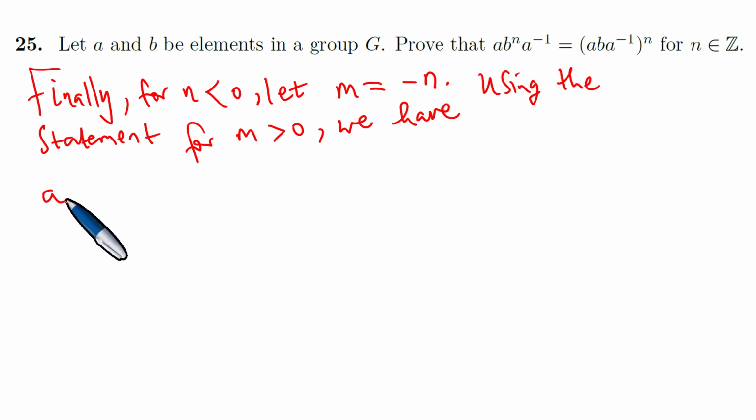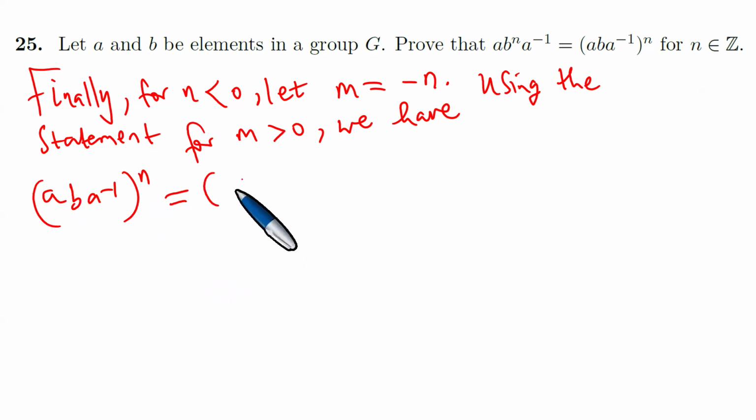So we can use this one and say a, b, a minus 1 to the nth power is exactly a, b, a minus 1 to the m, like that. The question is, is this equal to this?